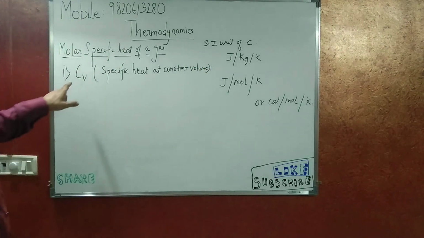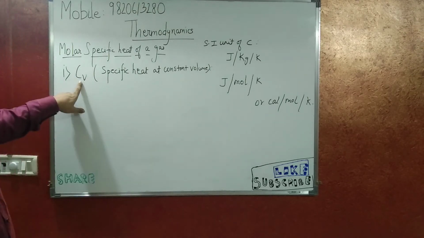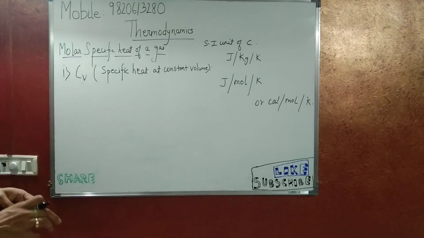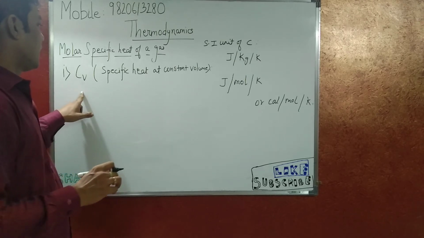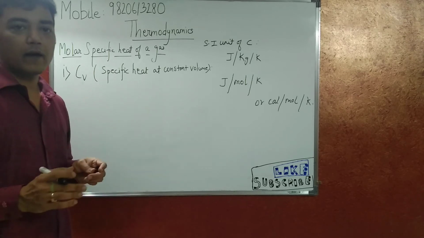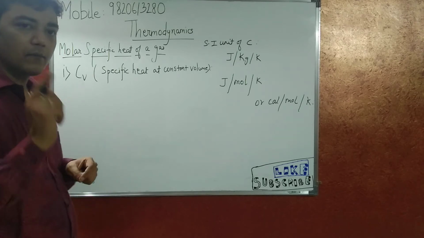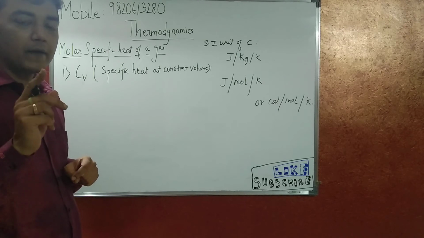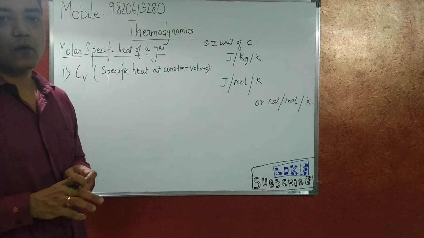Now what is specific heat at constant volume? It is the amount of heat required to raise the temperature of 1 mole of a gas through 1 Kelvin, provided the volume of the gas does not change, or the volume remains constant.